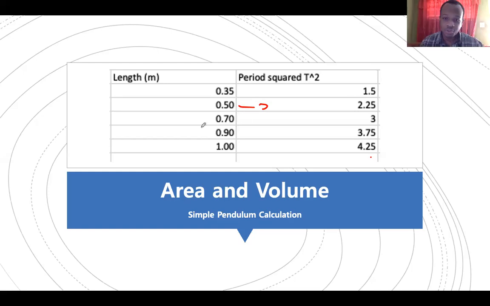So we have 0.5 here on our x-axis. This is actually your activity. I'm just helping you as best as I can in this time. I'm not leaving you in the dark. So this is 0.5 and this is 2.25.